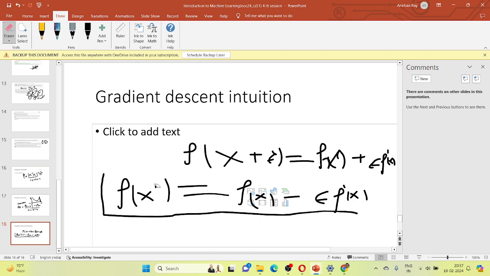Maybe confusing here, so this one is maybe x naught. For some new x, this is going to be x minus e times f dash x. Here e is called the learning rate.